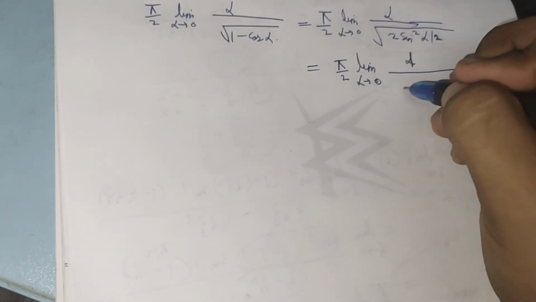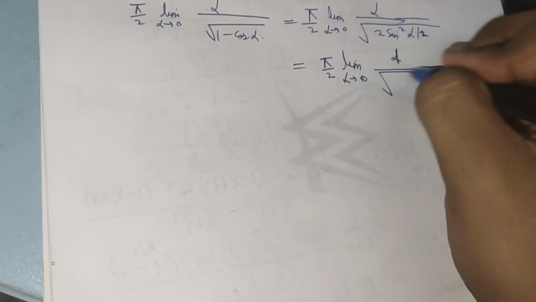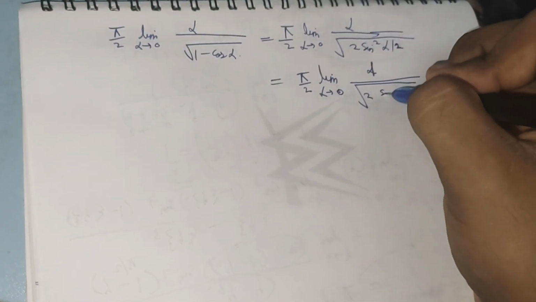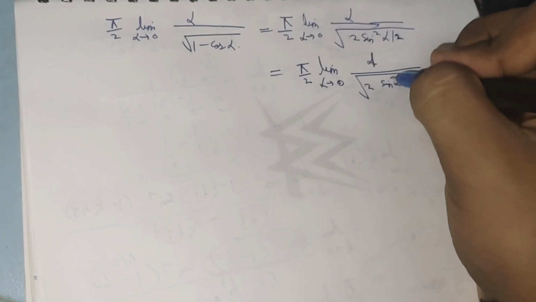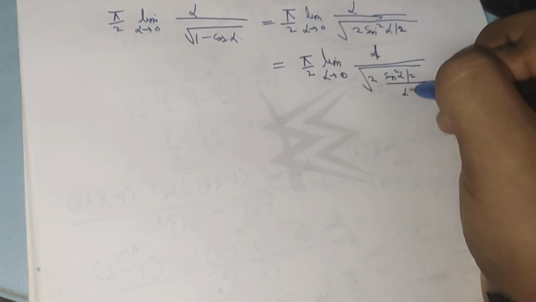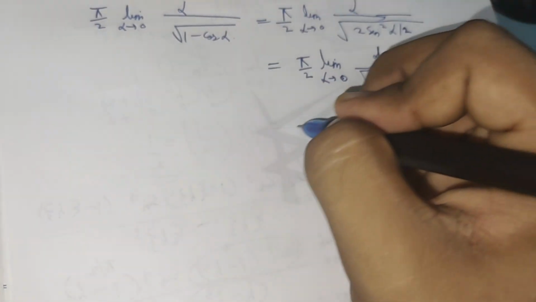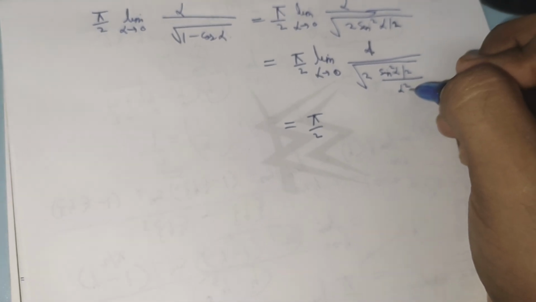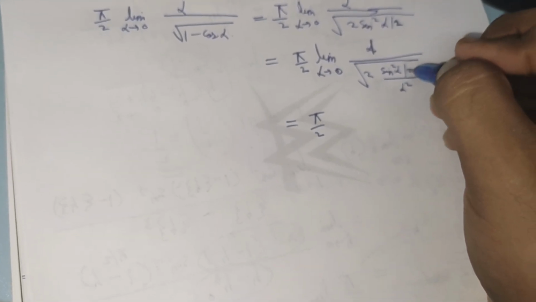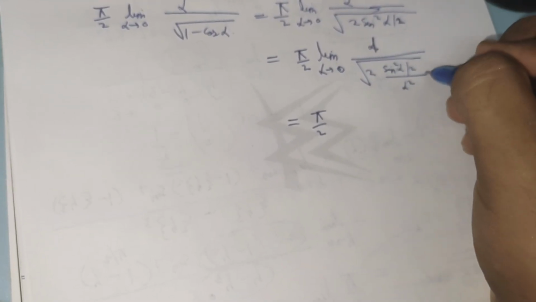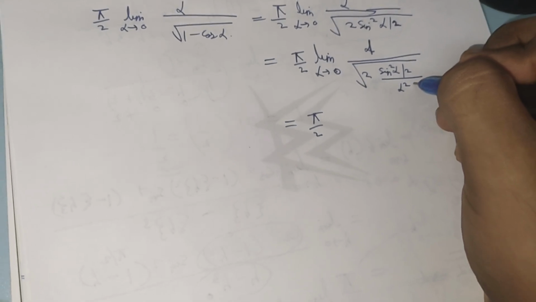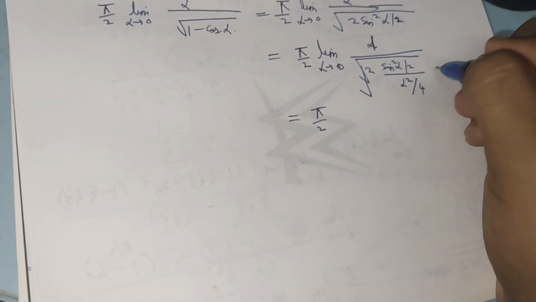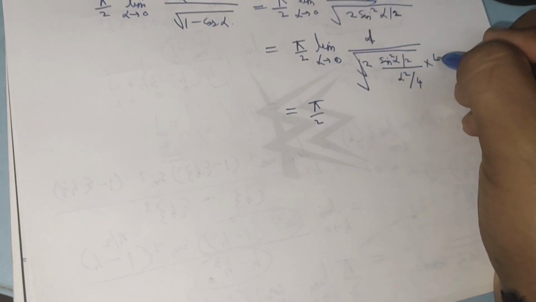So 1 upon root of 2 sin square alpha by 2 upon alpha square, which is equal to pi by 2. So in order to take this square common, I will divide this by 4 in this root itself, and I will multiply with 4.